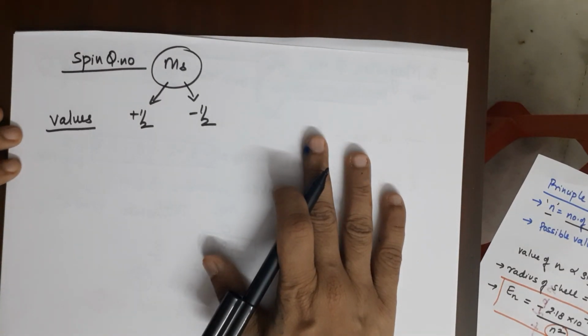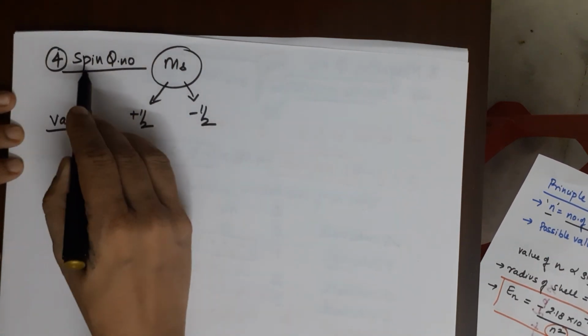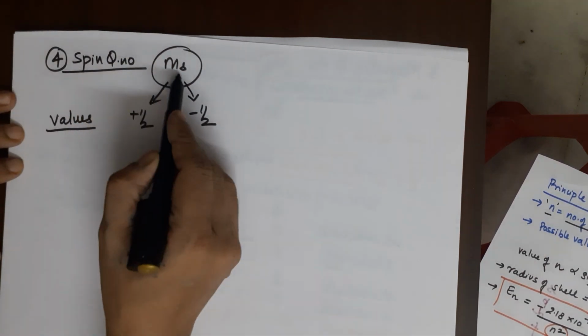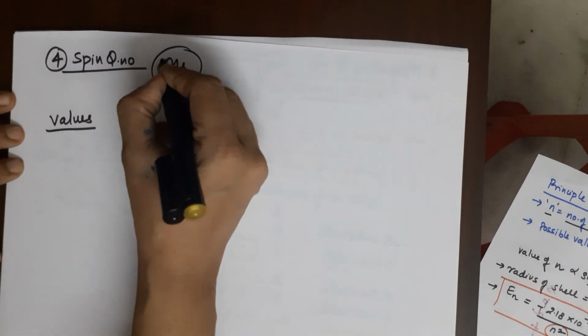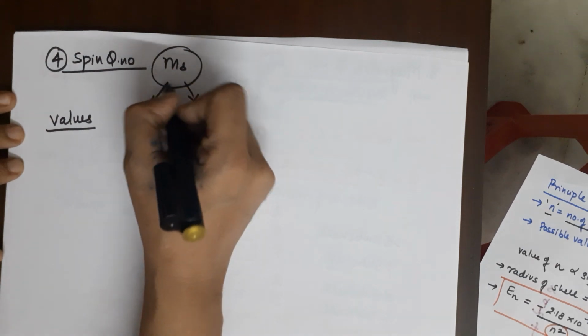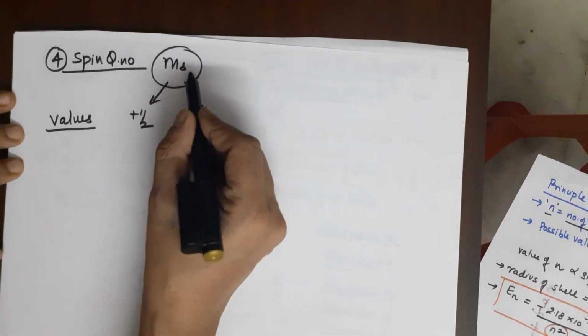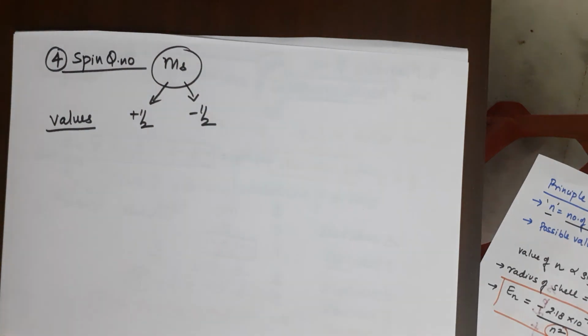Okay, now moving on to the last quantum number, the fourth quantum number, which is known as the spin quantum number, and it is represented by a small m with a subscript s. This is one of the quantum numbers which has only two possible values, because the spins can only be of two types.